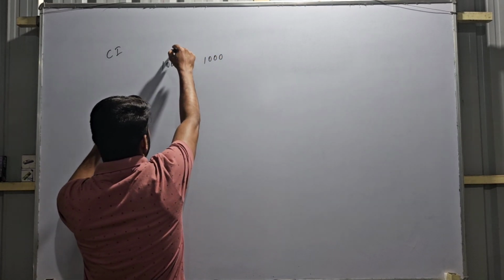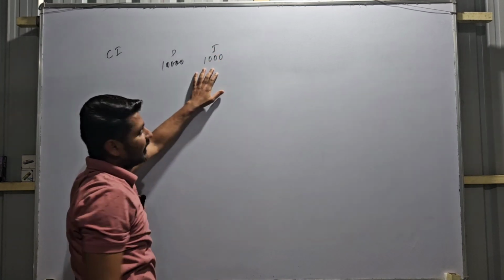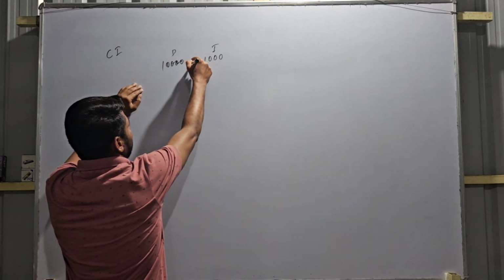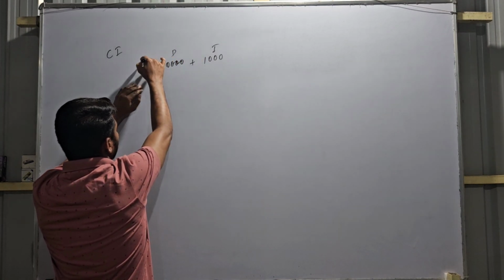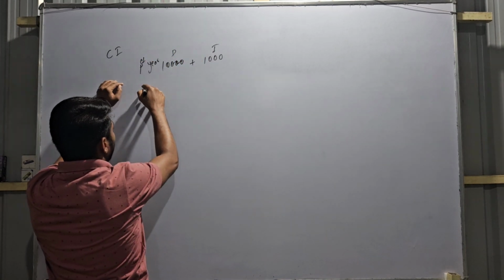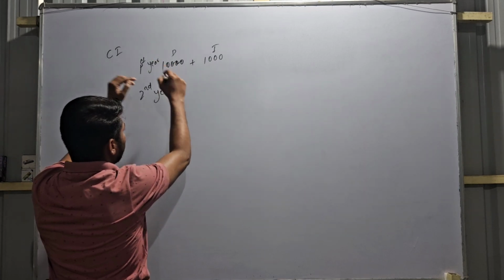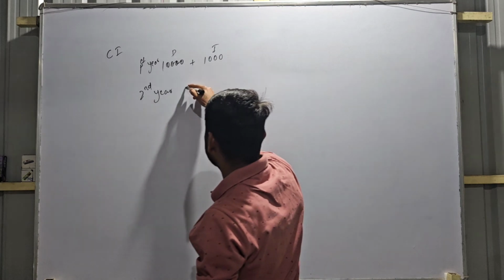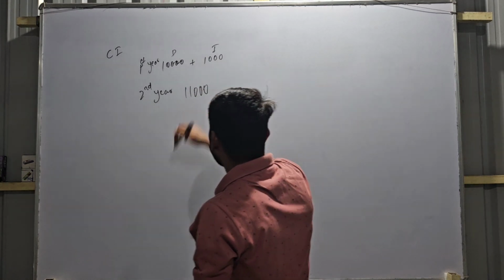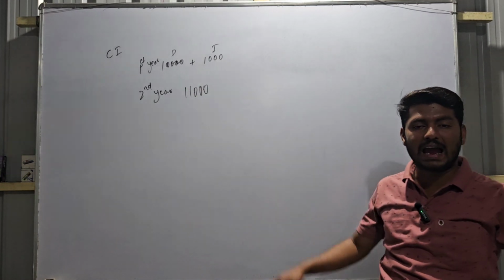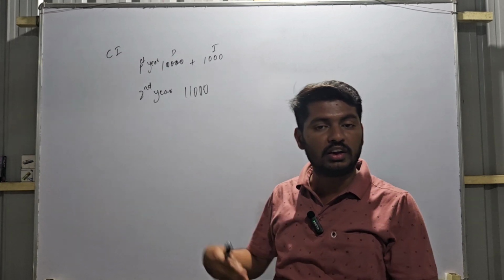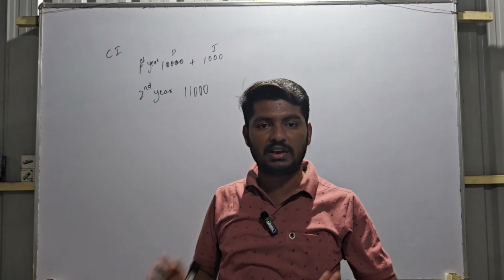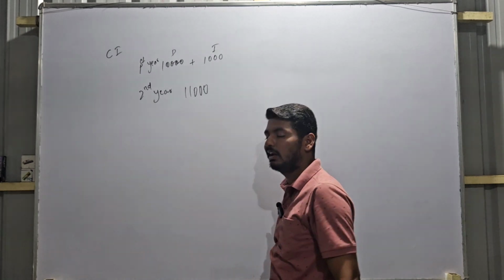Here the principal was 10,000 and the interest in the first year was 1,000. Then the principal amount for the second year will be 10,000 plus 1,000, that is 11,000, as the principal amount of the next year is the sum of the principal amount plus interest of the previous year. This is how compound interest is calculated.